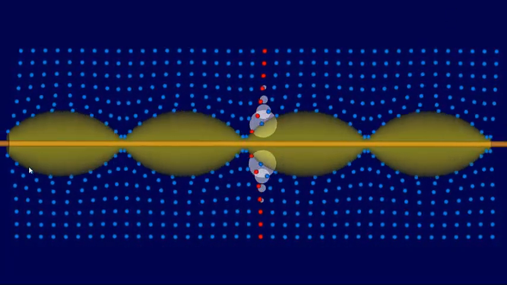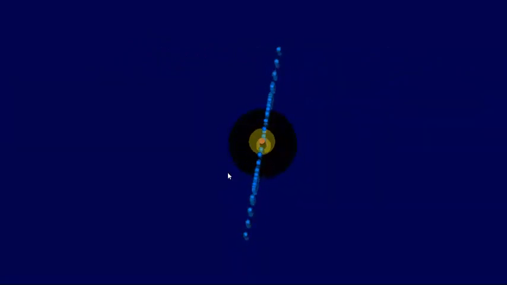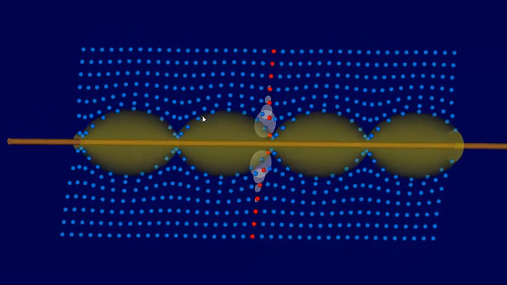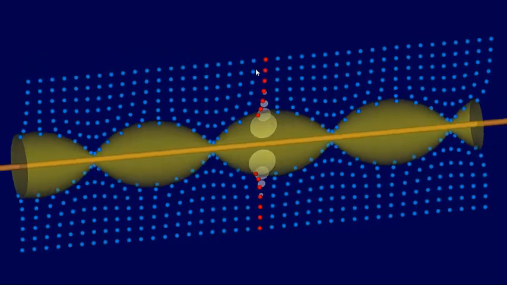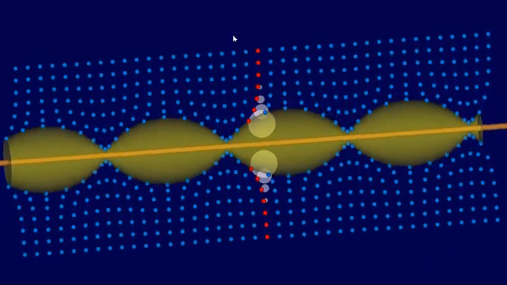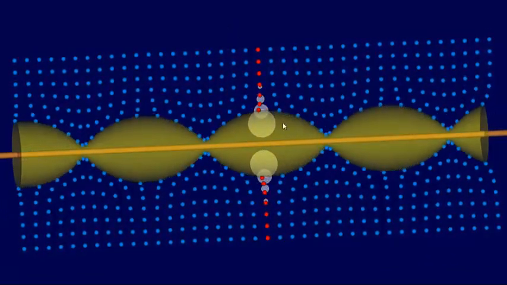So here I'm only showing you one cross section of the wire. Okay, so every cross section of the wire is going to show exactly the same circulation.